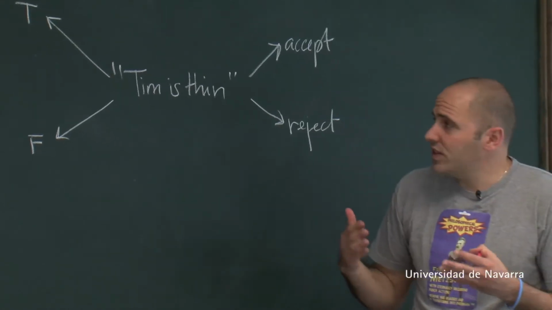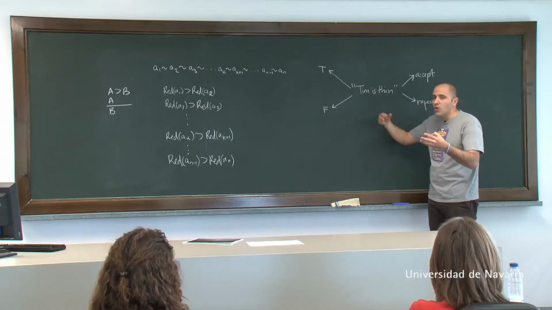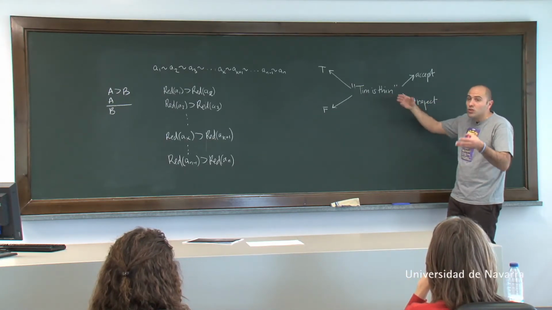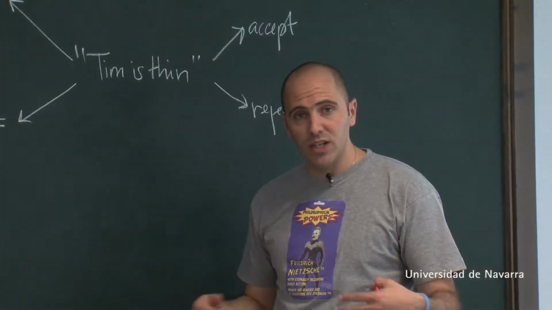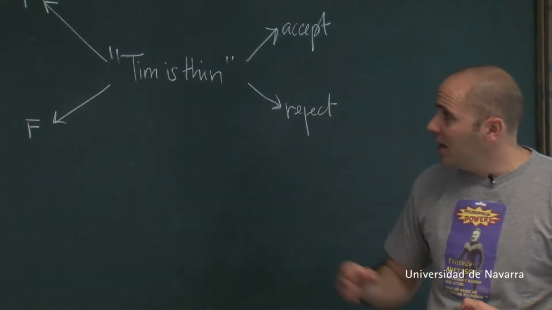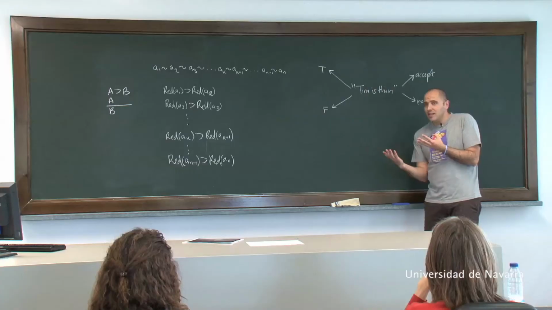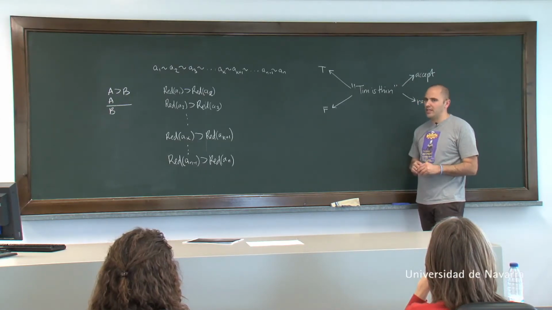We might know all the relevant facts about Tim's measures. We might know everything we should know, seemingly, about the meaning of the predicate because we are competent speakers. But still, it is somehow unclear whether Tim is thin, because Tim lies on the border. So that's intuitively a borderline case.